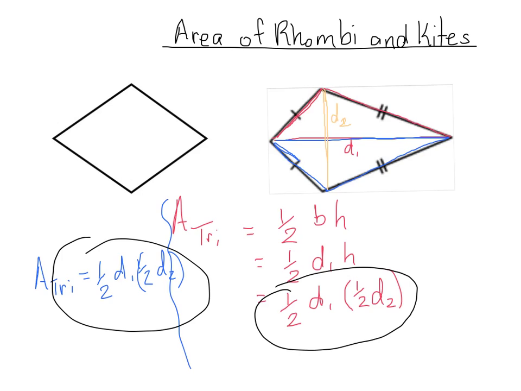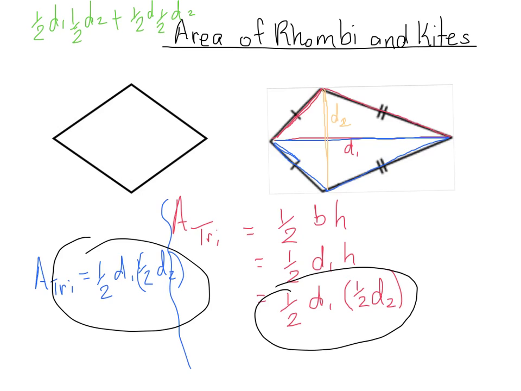All right, which means that we are adding that area and that area in order to get the whole area of the kite. So if we add a half diagonal 1 times a half diagonal 2 to a half diagonal 1 times a half diagonal 2, we get, so a half of something plus a half of something gives you a whole of something, right?